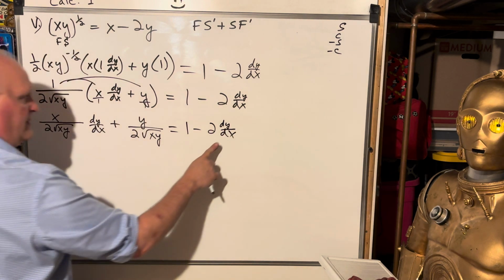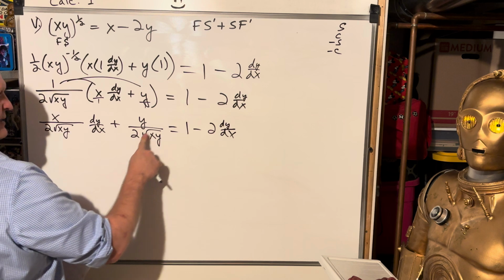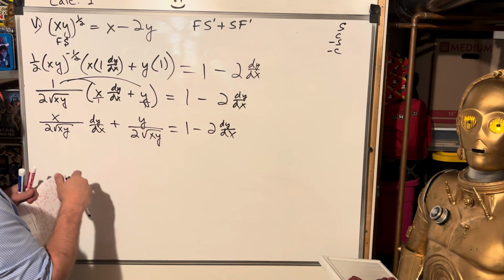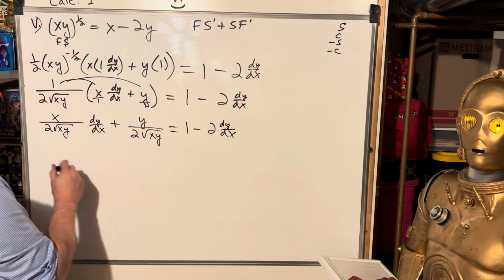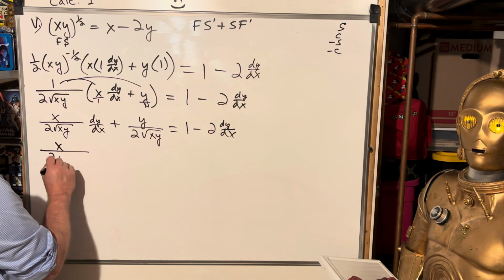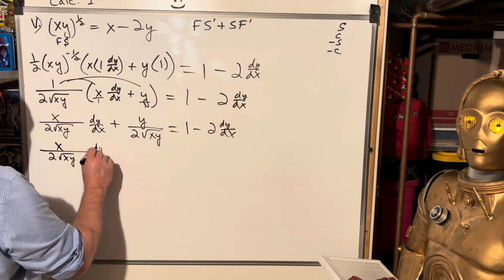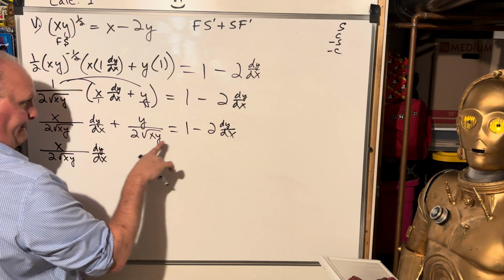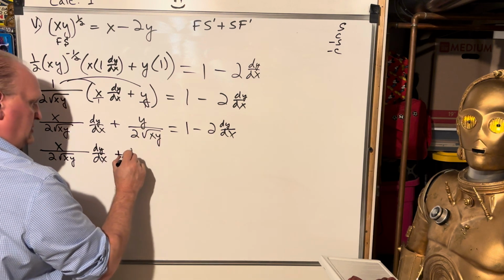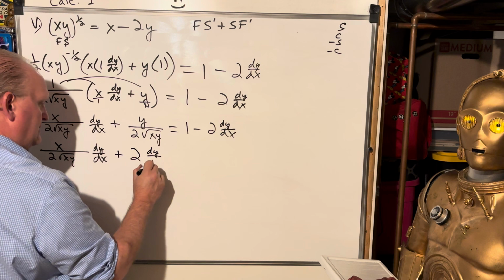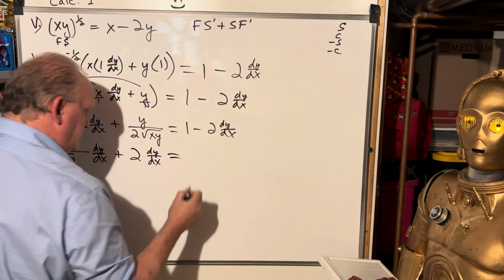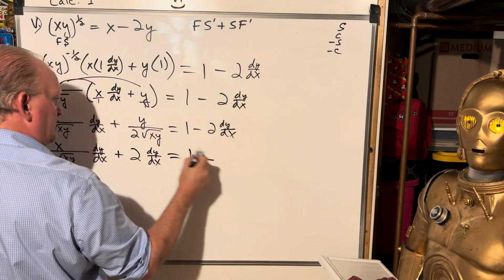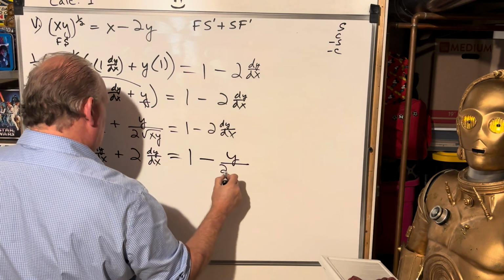Okay, so let's move this over here and that over there. Let's do a little switcheroo, shall we? So we have x over 2 square roots of x, y, dy dx, plus 2 dy dx equals 1 minus y over 2 square roots of xy.